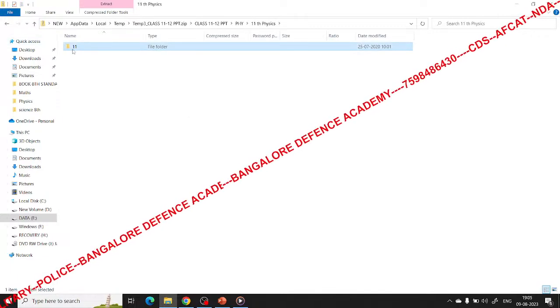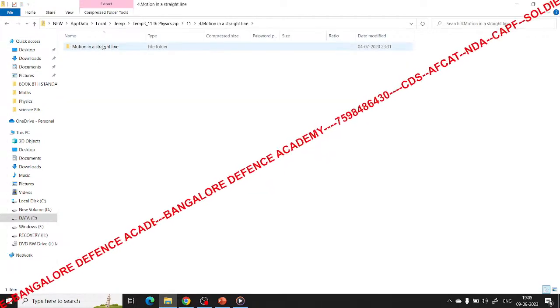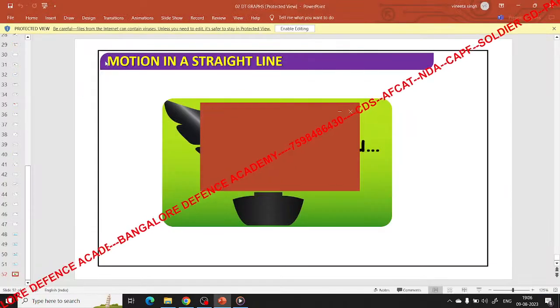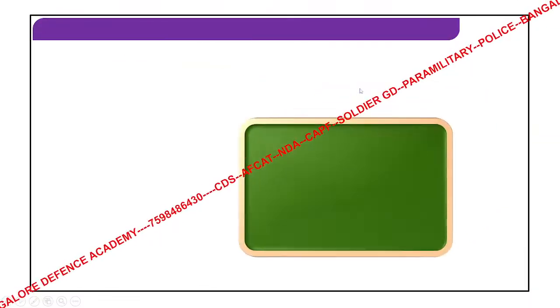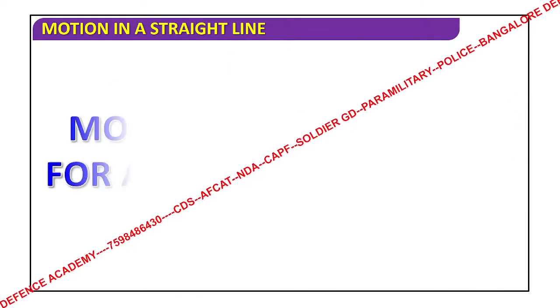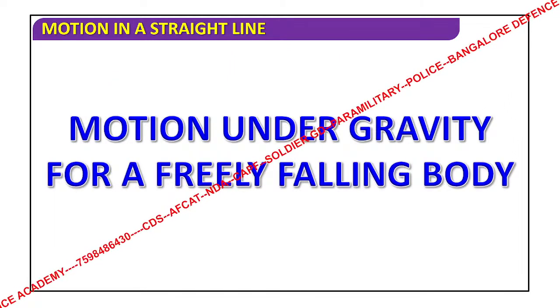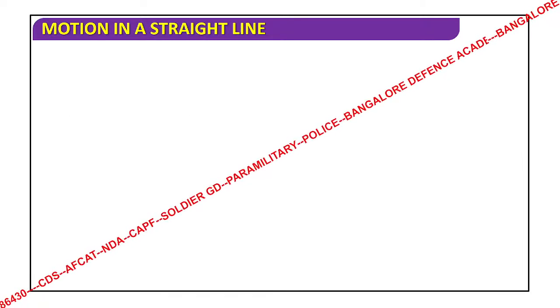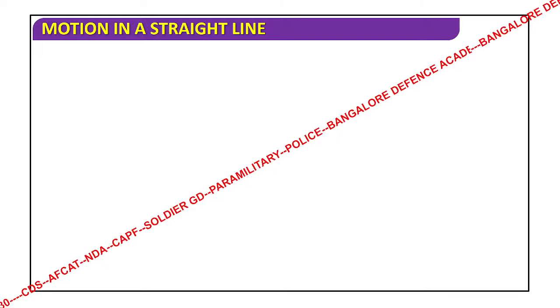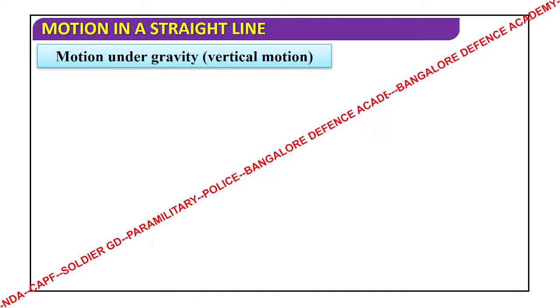Okay. We'll do a freely falling body. So here you have motion in a straight line, motion under gravity for a freely falling body. What happens if an object is falling from the space, or what happens when you throw something from the earth to the space?